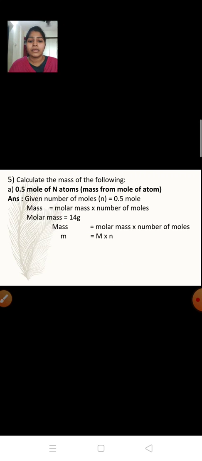So when I express that 14 in gram, it becomes 14 gram, and that is our molar mass. Now we know molar mass, we know number of moles, so substitute. So it is 14 multiplied by 0.5. So when we multiply, we get the answer as 7 gram. Okay, easy.